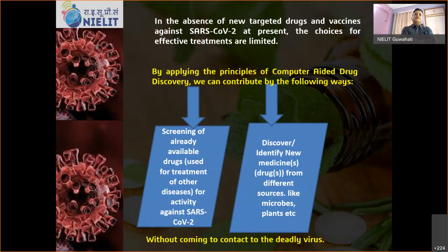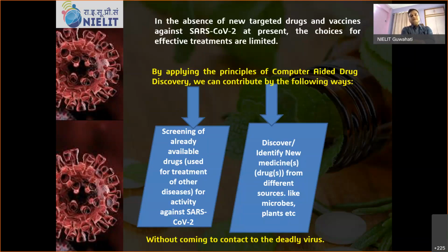The first work that researchers did across the world was the screening of already available drugs, after the structures of the important proteins became available. As in the earlier presentation, you noticed the mention of the main protease and papain-like protease. There are 29 proteins in the SARS-CoV-2 proteome, and many are designated as good drug targets.